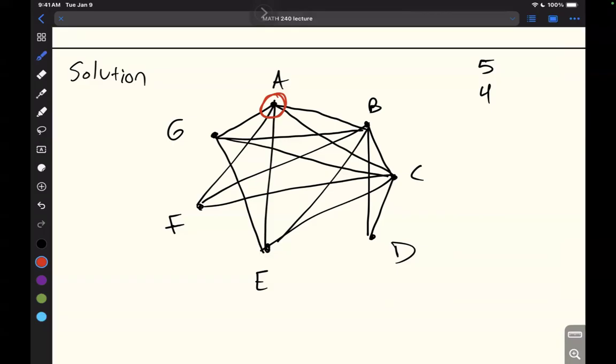Something I want you to notice is to consider the subgraph of A, B, C, and G. If we draw that, A is adjacent to all of them, B is adjacent to all of them, C is also adjacent to all of them. So we have found a complete graph as a subgraph of our original graph.